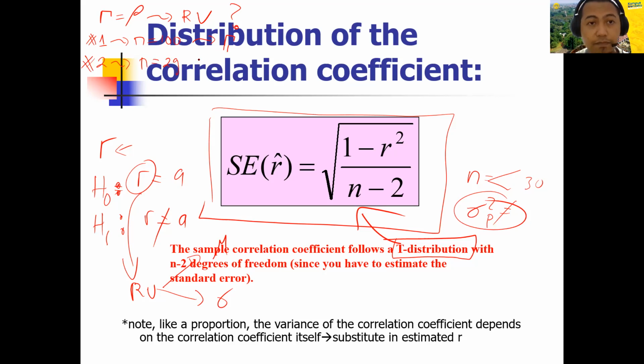It is possible, right? Based on this data, you get the correlation coefficient R2. My question: R1 and R2, are they equal or not equal?